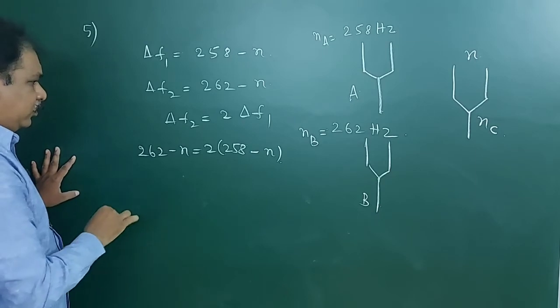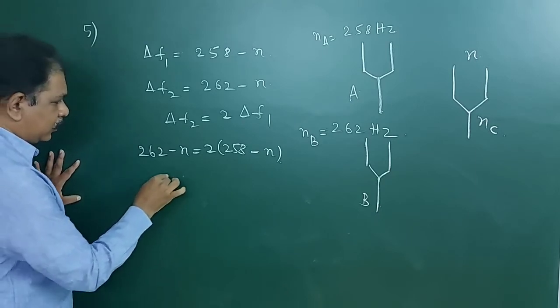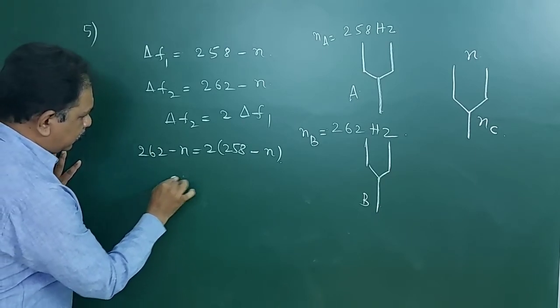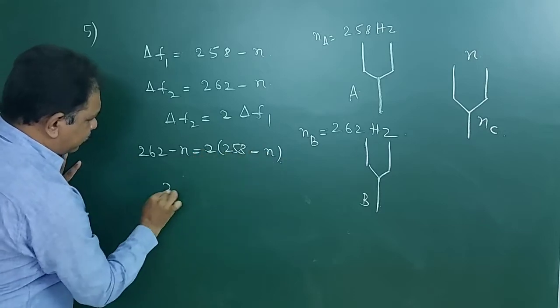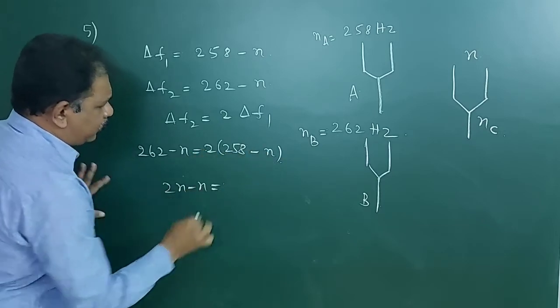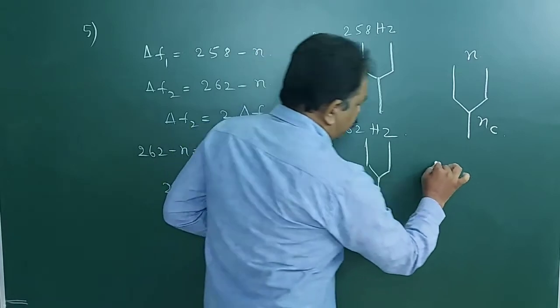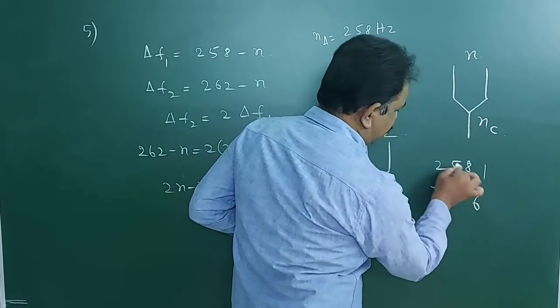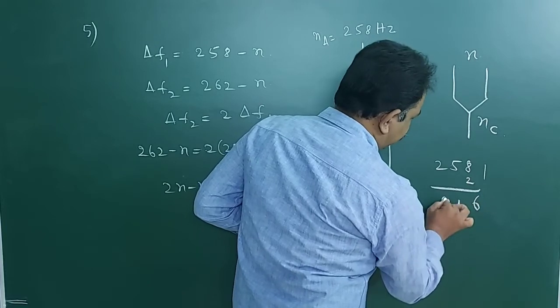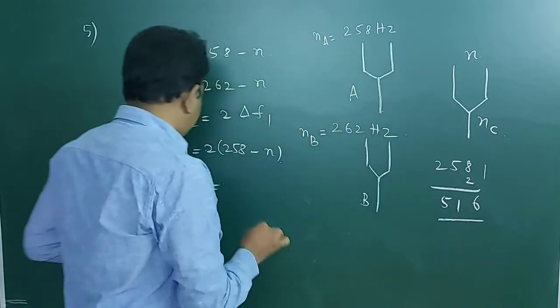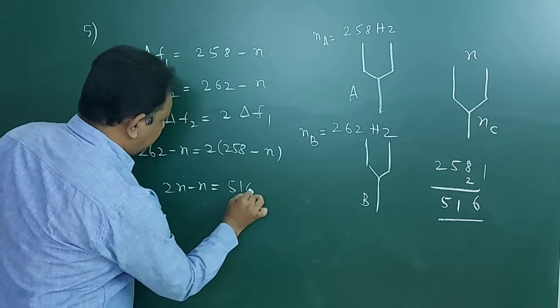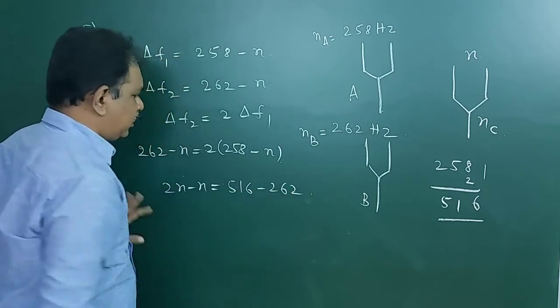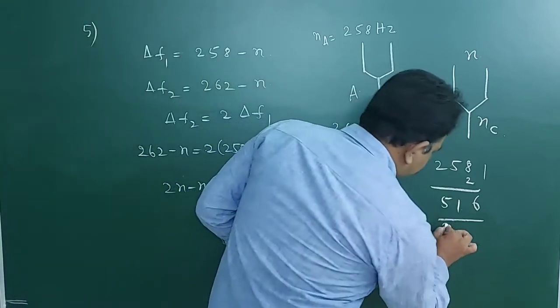So this 2n comes to this side, 2n minus n is equal to 258 into 2, 2 8s are 16, 10, 11, this will be 516 minus 262.